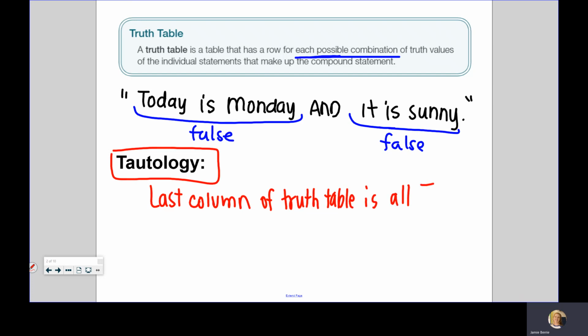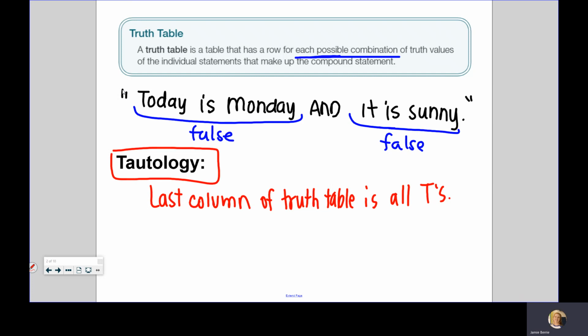Of course T stands for true, F stands for false. So a tautology is where your last column is all T's. If you end up with your last column being all T's, that just means that the compound statement is always true. If you end up with all F's in your last column, that doesn't have a special name, it just means that your compound statement is always false.